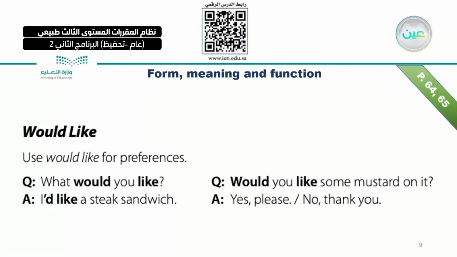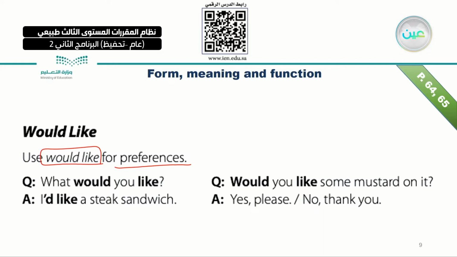Then we would like to move to preferences. When you talk about preferences, you can ask someone or use would like. Use would like to give him a choice. For example, what would you like? I'd like a steak sandwich.